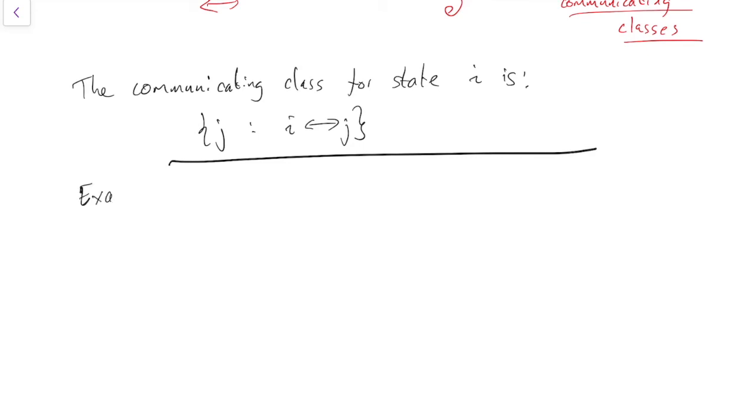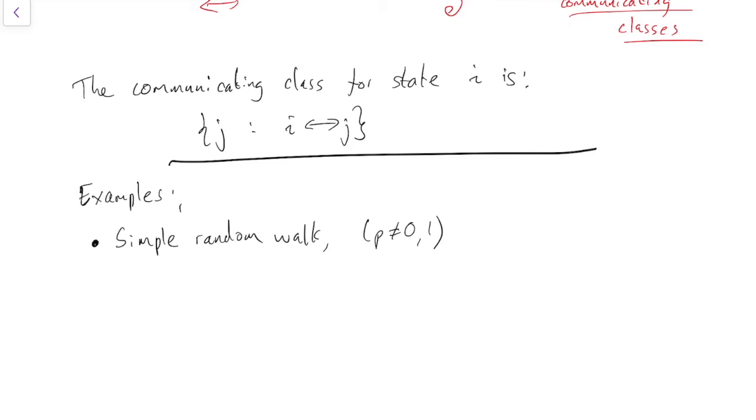So I'm going to start with my favourite example of a Markov chain. I think you know what that's going to be. It's going to be the simple random walk, my favourite Markov chain. And I'll assume that p isn't 0 or 1, because it's silly when p is 0 or 1. So here, every state communicates with every other, right?